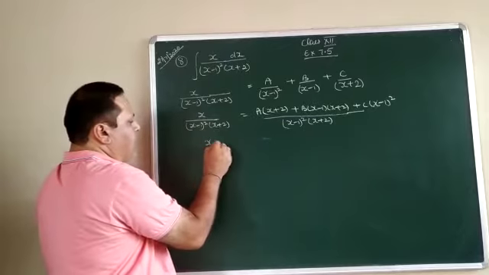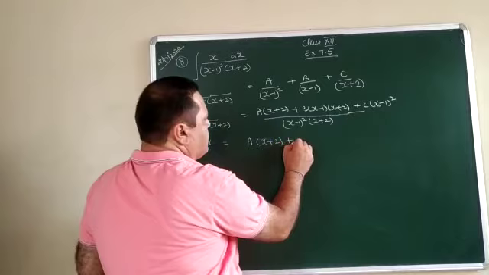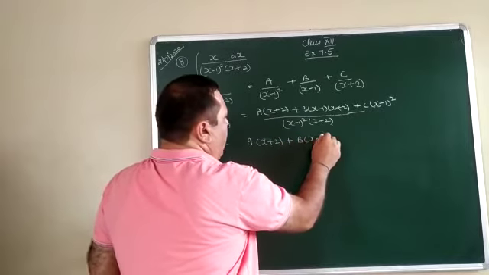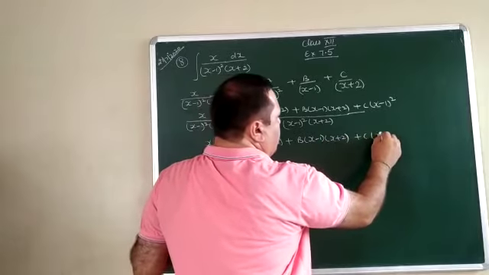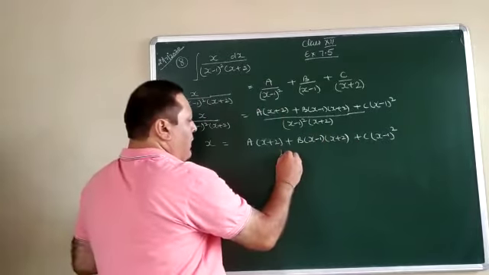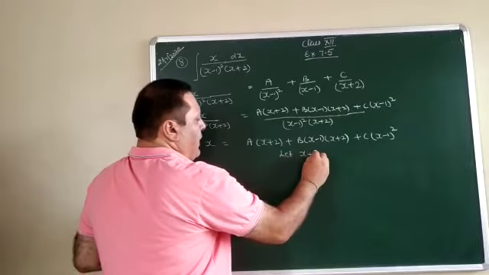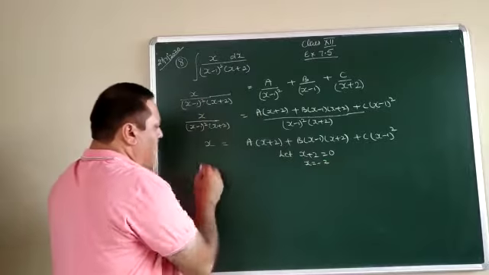So x is equal to a into (x plus 2), plus b into (x minus 1)(x plus 2), plus c into (x minus 1) whole square. Now, let x plus 2 equal to 0, so x is equal to minus 2.